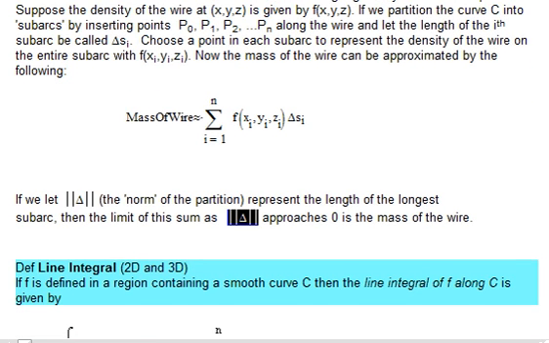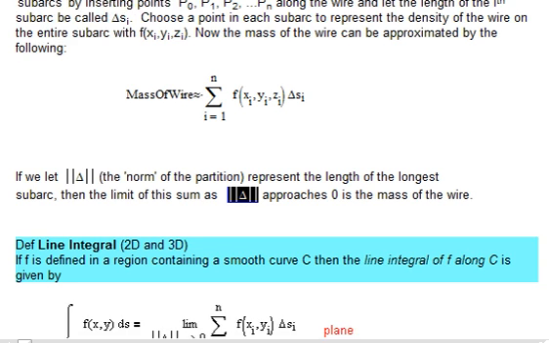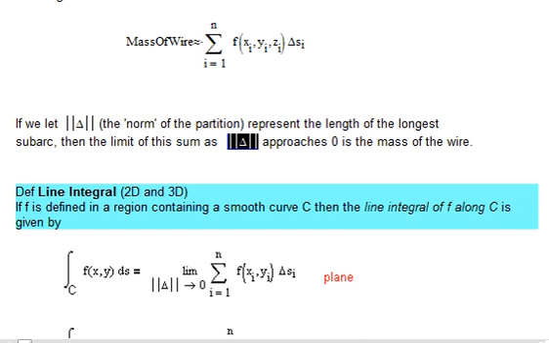So we will define line integral in 2D and 3D. A two-dimensional line integral over some smooth curve C in the xy plane, of f of x, y ds, is the limit as delta goes to 0, i goes from 1 to n, of f of x_i, y_i delta s_i. That's for the plane.